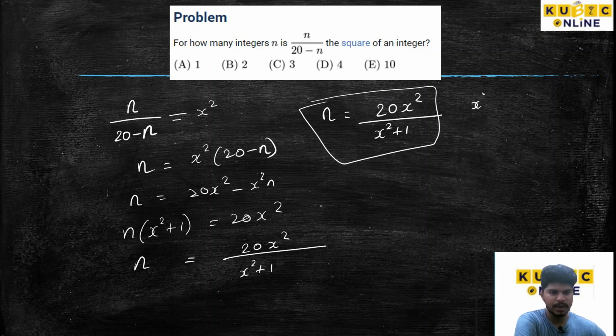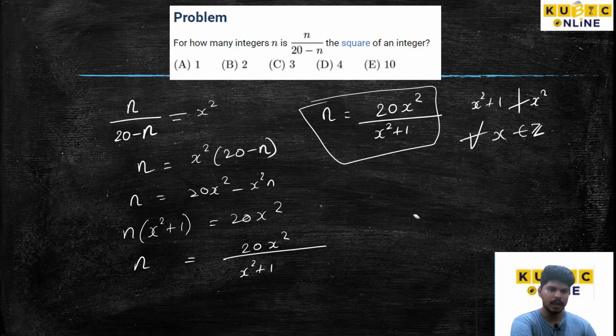Now, x square plus 1 will not divide x square for any x. For any x you take in integers, x square plus 1 won't divide x square. Why? Because a larger number cannot divide a smaller number, and x square is always positive. So x square plus 1 is always bigger than x square.